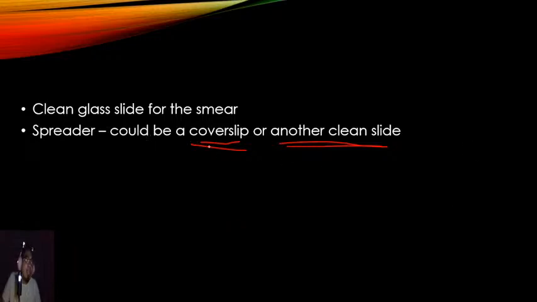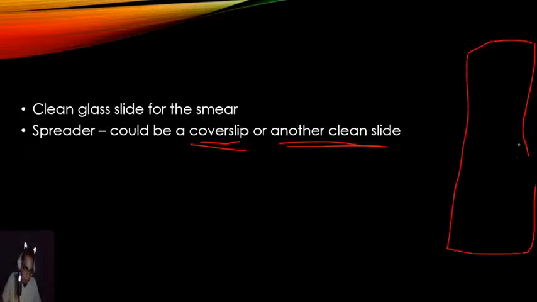I've tried using cover slips to make my blood smears, but I could never really create that tongue shape and the coronal diffusion at the end. So usually your smear is going to look like this. Pardon the drawing. It's going to be tongue shaped.